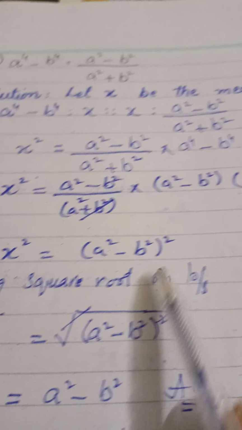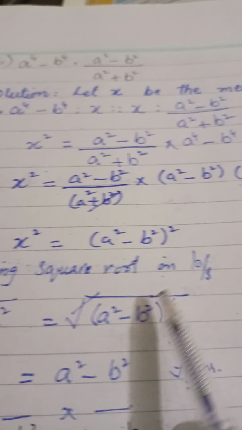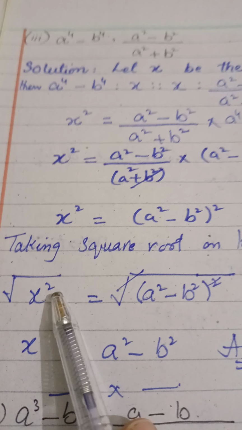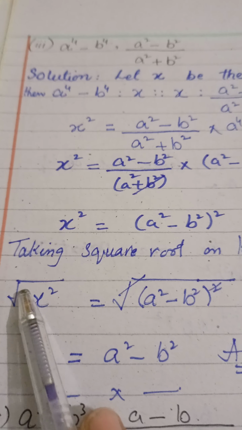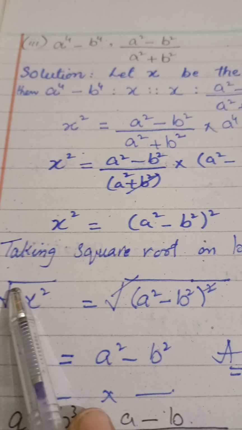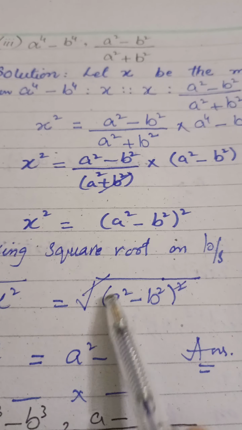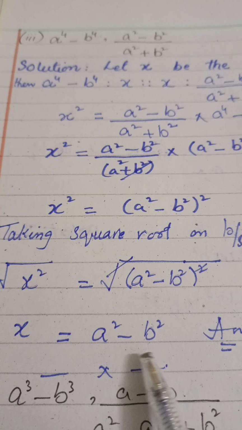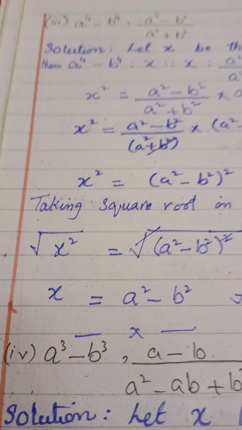Taking the square root on both sides, the square cancels with the square root on both sides. So x equals a square minus b square. This is the answer of the third part of question number 3.